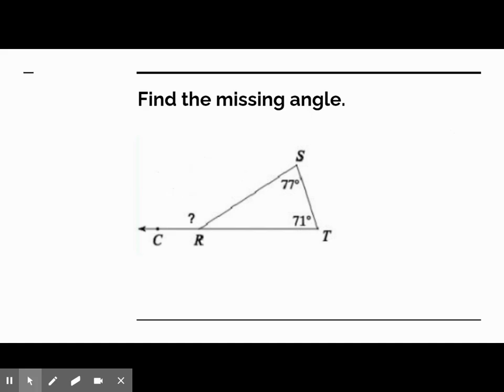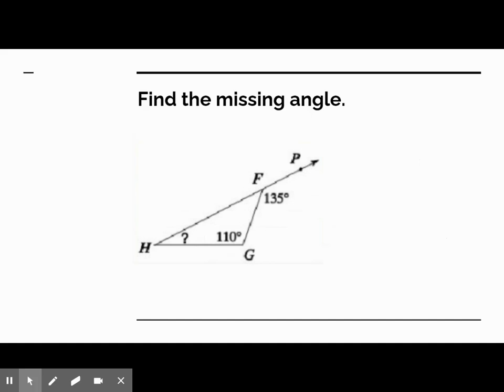Find that missing angle. 148. You just add these two together. That's an exterior angle, so you add the two non-adjacent interior angles. Awesome.